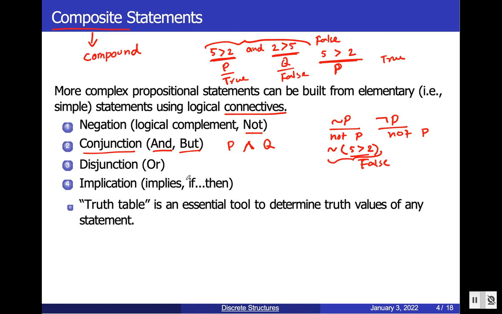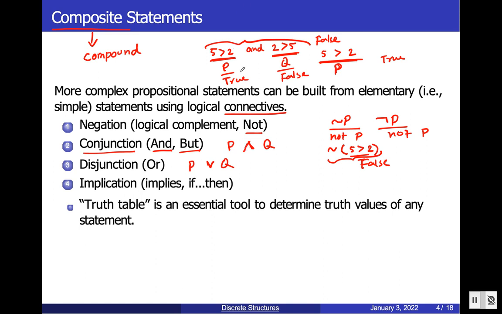Another compound statement we can create is using OR. We write it using this symbol. Say we have two statements, P and another statement Q, and we read it as P or Q. So either P is true or Q is true. If P is true or Q is true, we evaluate it as true.